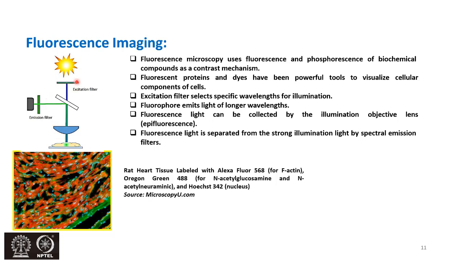Here I have to put a filter. If I put a filter which will not give me the red color, then I'll be getting the color of the image as something else other than red. That is how we'll be able to get a fluorescent image.